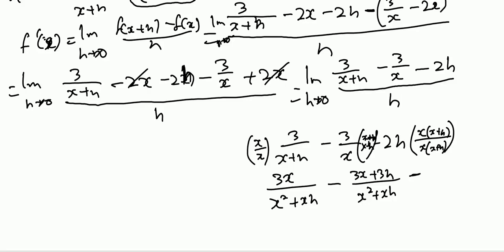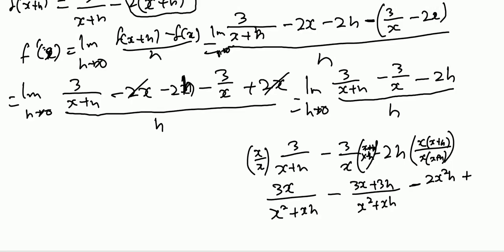2hx multiplied by x squared is 2x squared h, plus, here we are going to have plus. Remember, this negative sign will affect everything. Plus 2h squared all over x squared plus xh.